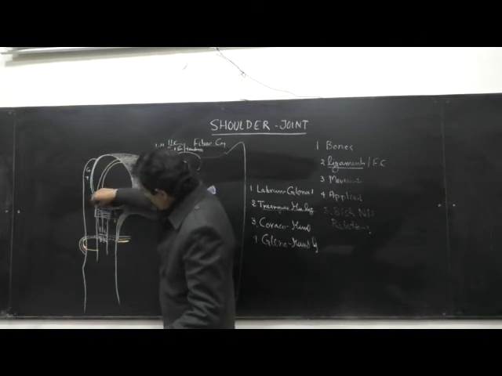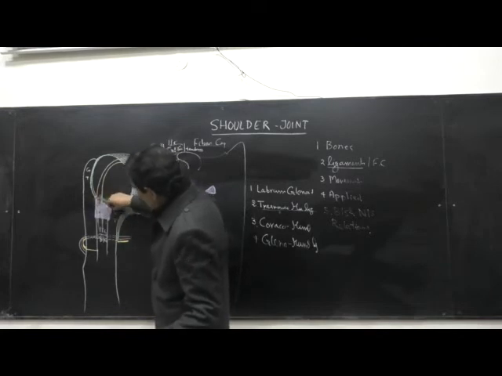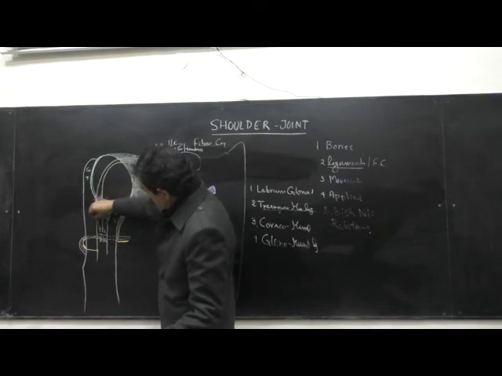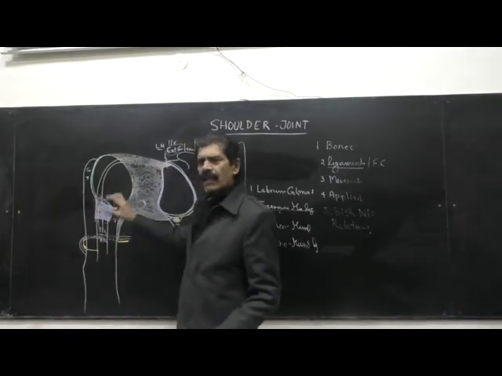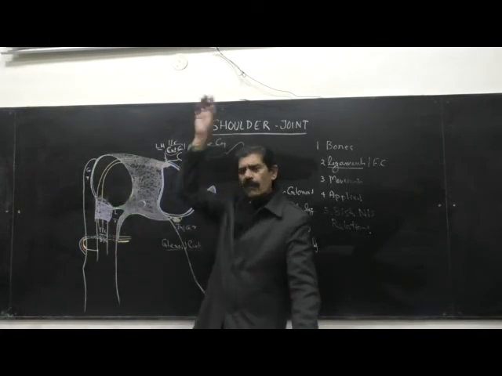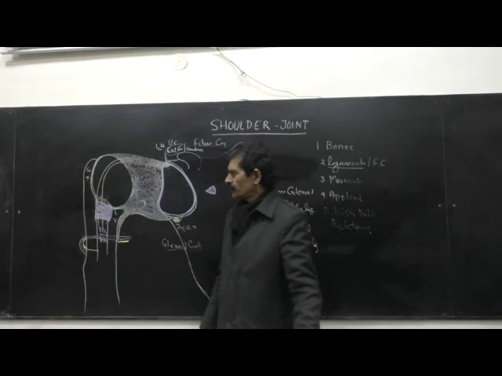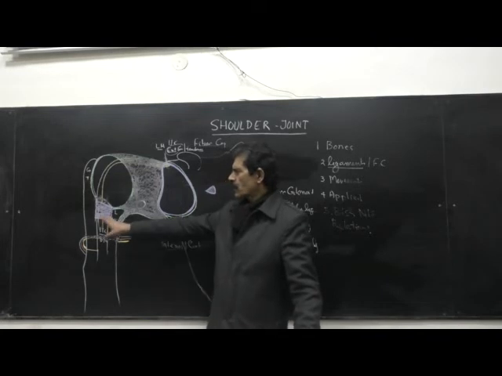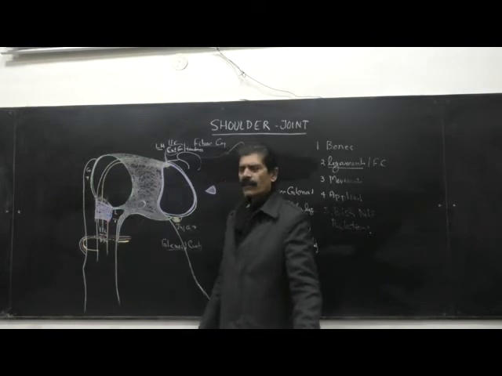The upper part of the bicipital groove has a tunnel formed. This tunnel is made by this transversely running capsule, that is the transverse humeral ligament, which holds the long head of the bicep in the bicipital groove in all movements around the shoulder joint. So this is the small transverse humeral ligament.